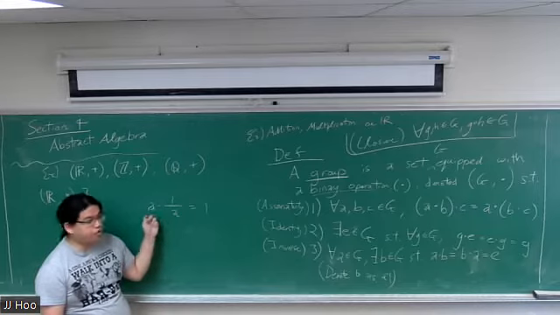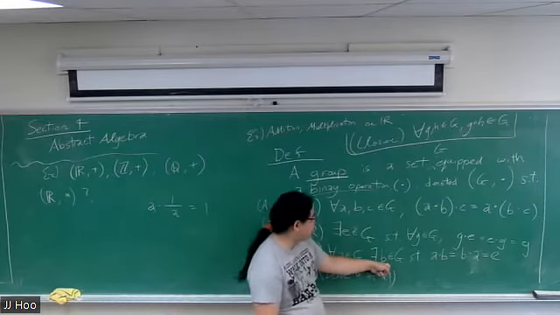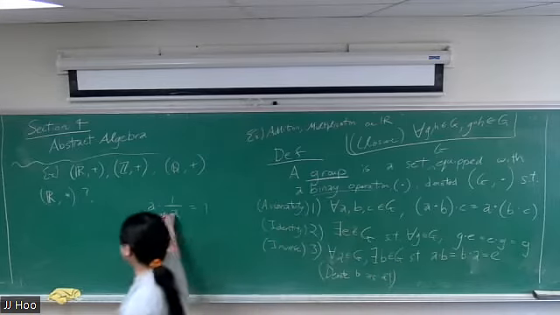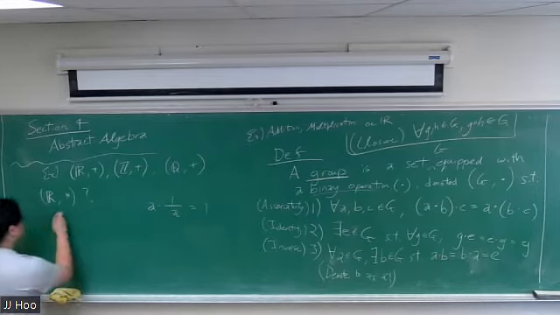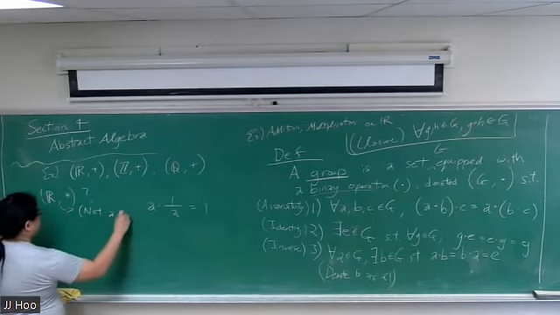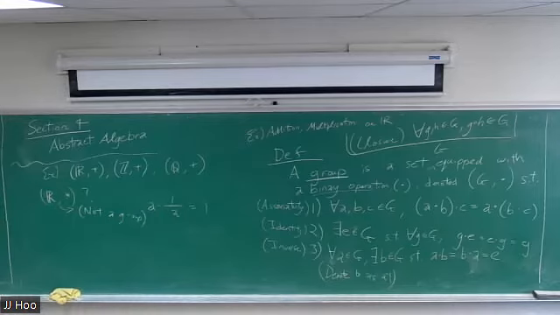If I give you the element 0, there's no real number you can give me such that 0 times that number is equal to 1. So this has no inverse, so this is not a group. The real numbers do not form a group under multiplication.